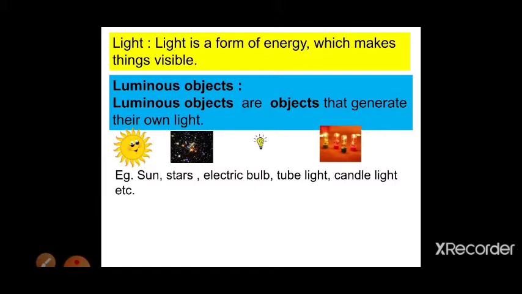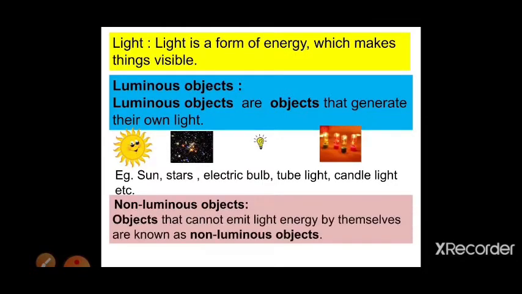Other than luminous objects, other objects are known as non-luminous objects. That means they can't give their own light, like house, wall, trees, human body, cardboard. These all are non-luminous objects.